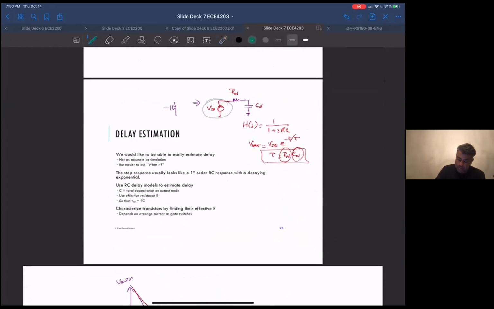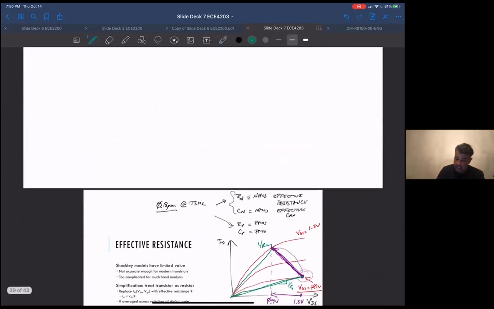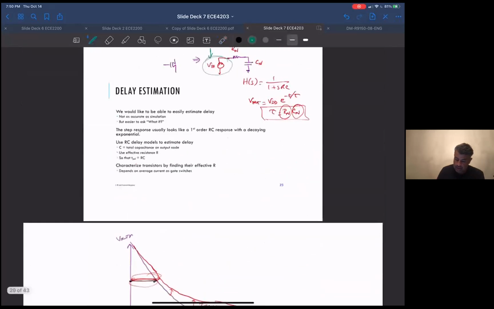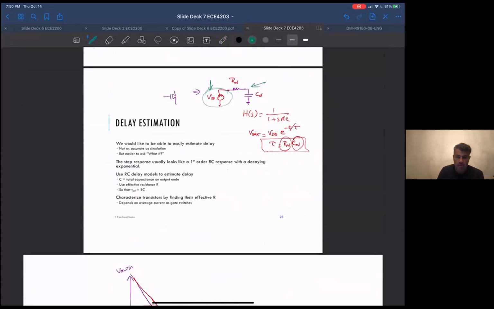So this value, you want it to be the value at which your resistance is giving the same value out here, for the delay for this guy going to this guy. Boy, I'm really doing a bad job of explaining this.